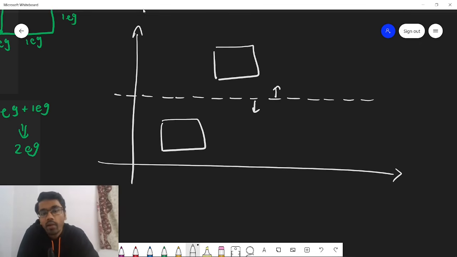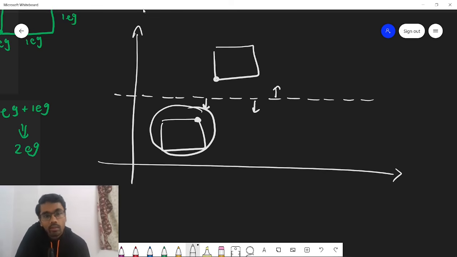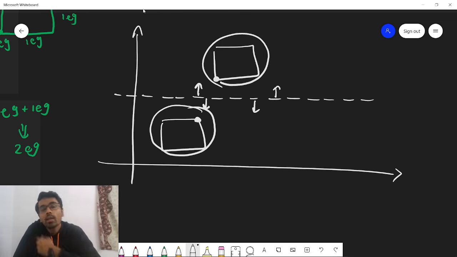So how will we find the areas below part and the above part? So we will take top point and the bottom point. If the top point is lesser than this middle line, that means obviously this square is coming in the lower part. And if some bottom point is coming above this middle line, then obviously this square is coming in the upper part.